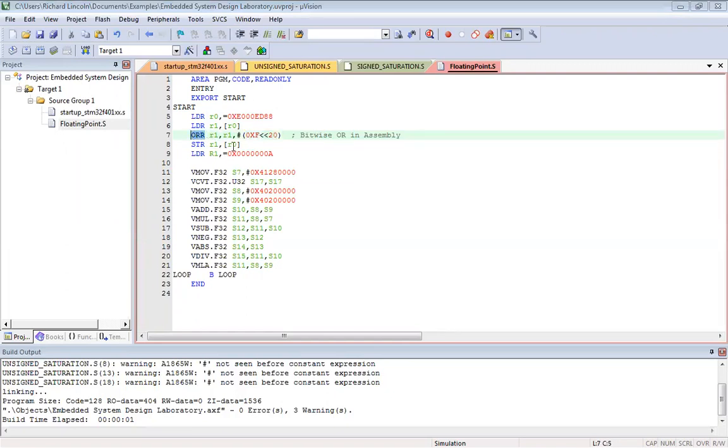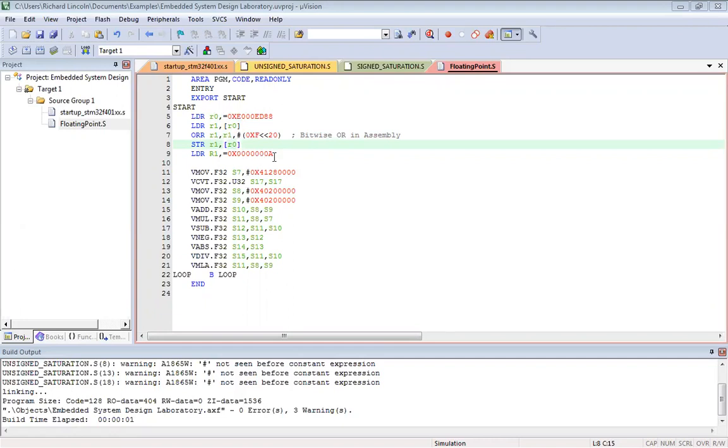I think all of you know how this OR operation happens: it happens bitwise, each bit is taken bit by bit, and the ORing happens. The result is stored in R1, and whatever is in R1, I'm going to move to the location pointed to by R0. That value will be shifted.